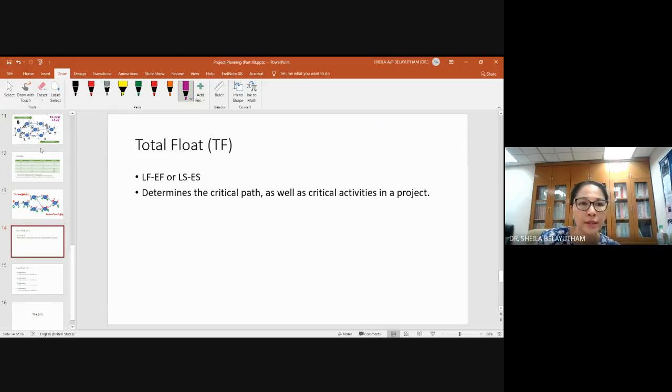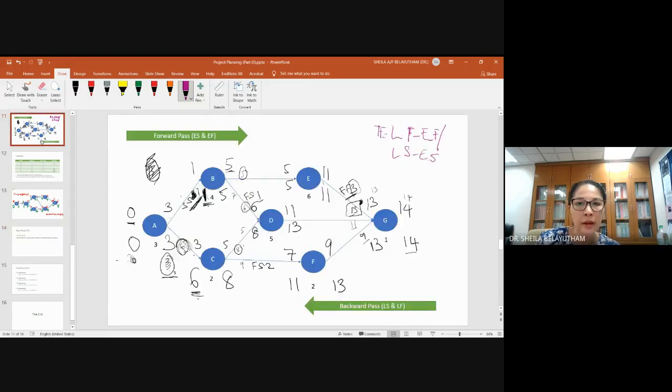Okay, as mentioned here. It should give you the same number. And your total float would determine your critical path. So simply said, if you see anything with the same number, here and here and here and here, that is basically your critical path.